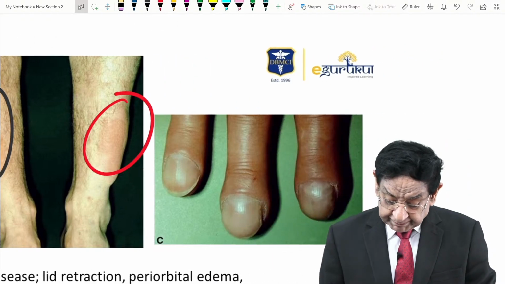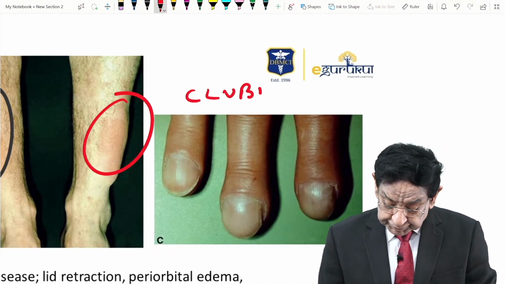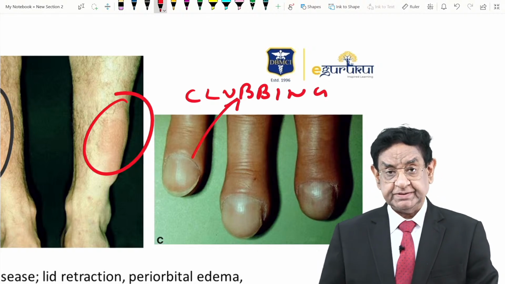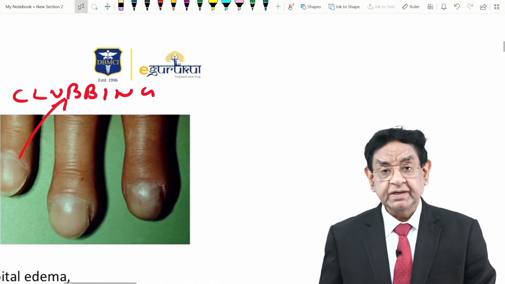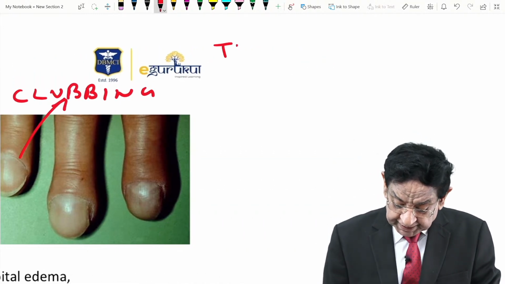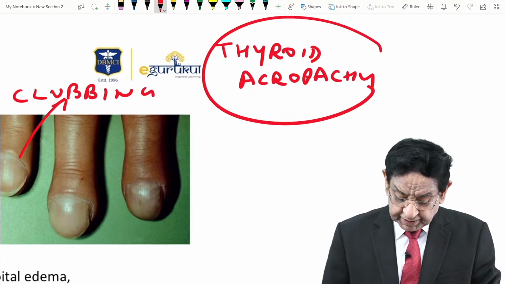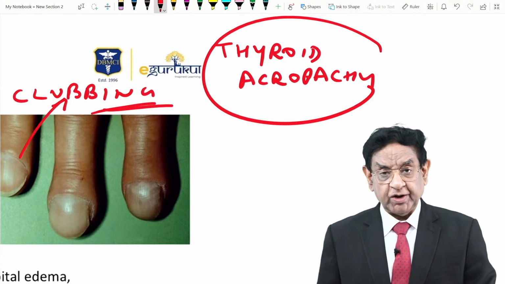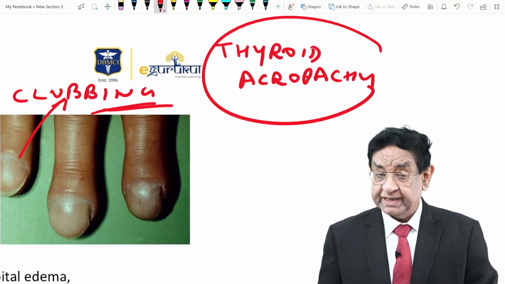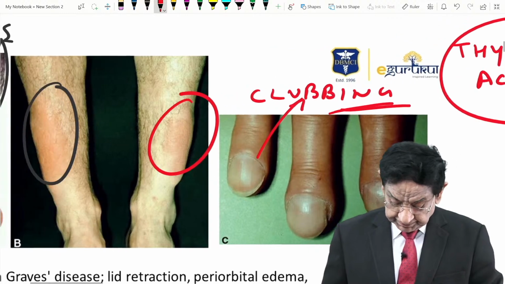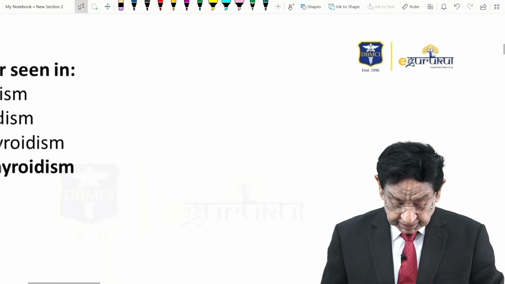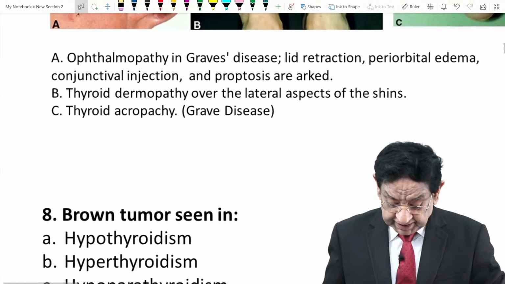We also see clubbing in Graves disease, and this is known as thyroid acropathy. 90% of students are not aware that clubbing is a feature of Graves disease. So we are very clear about it.